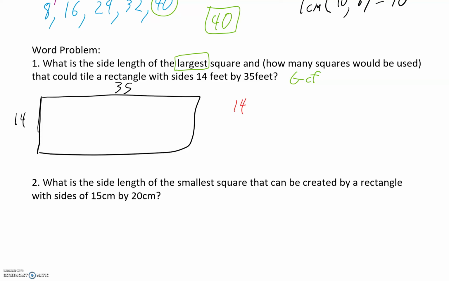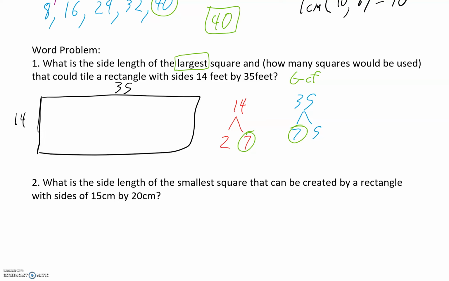So we have 14 and 35, and we're going to try to find the greatest common factor. So 14, the prime numbers are just 2 and 7. 35, we have 7 and 5. That's all. We can't do any more than that. So all we're going to do is take that number, and that would be our side length.